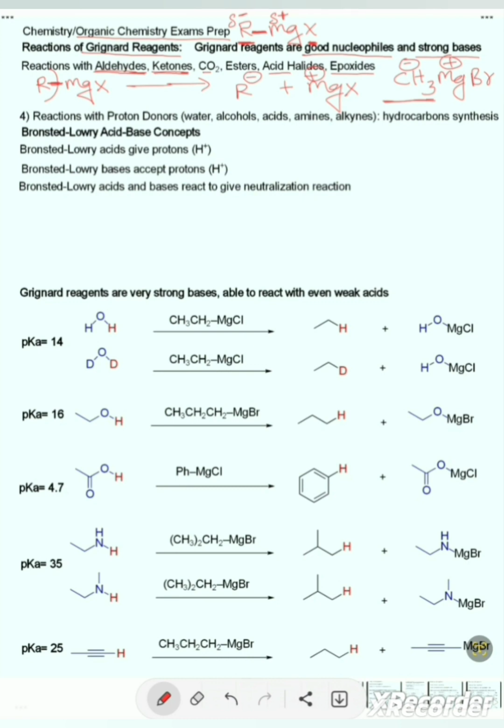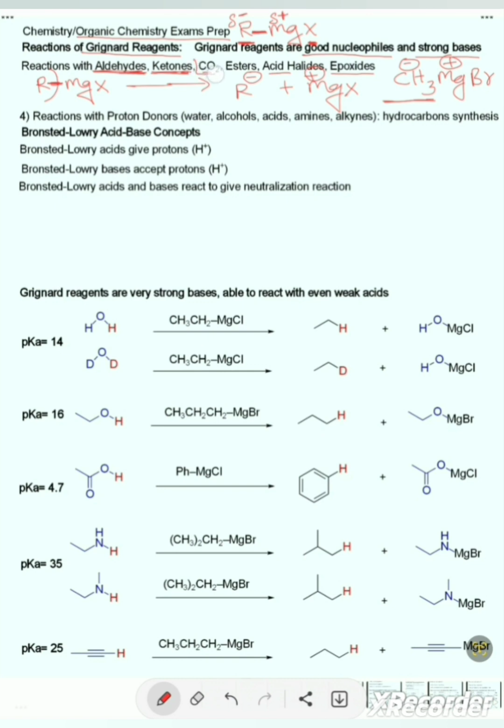First step is the addition of nucleophilic Grignard on aldehydes or ketones carbonyl group, and the second step is the acidic workup. So the aldehydes would give you a primary alcohol in case it is formaldehyde as a starting compound, and other aldehydes would give you a secondary alcohol. All ketones would always give tertiary alcohol as the final product.